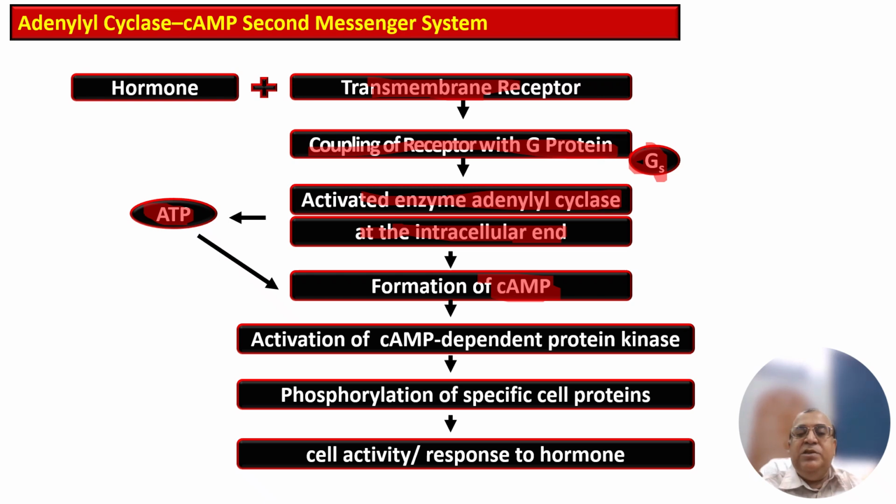The formation of cyclic AMP will result in activation of cyclic AMP dependent protein kinases, and this will result in the phosphorylation of specific cell proteins, and finally there is the effect of the hormone or cellular activity.